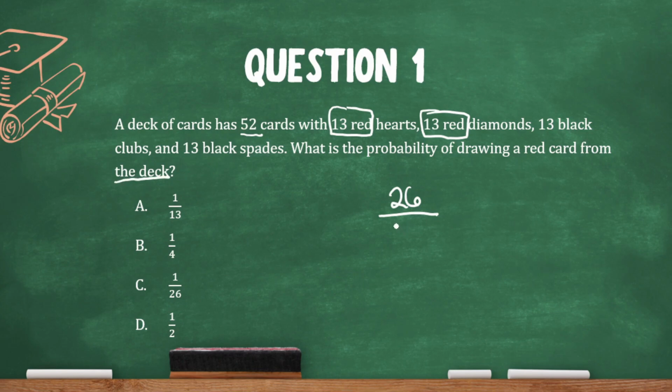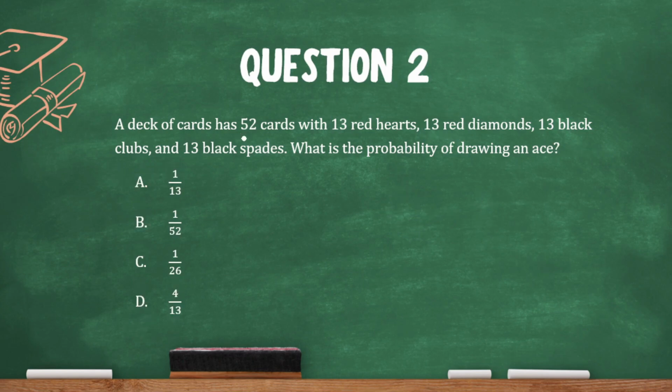So we'll put 52 on the bottom. Now, I know that 26 is half of 52, so I can reduce this to 1/2. If you're not sure how to do this, you could just put this fraction into your calculator just like this and hit enter, and it will reduce it for you. So our answer is D.